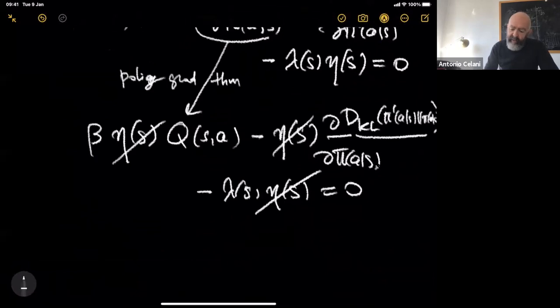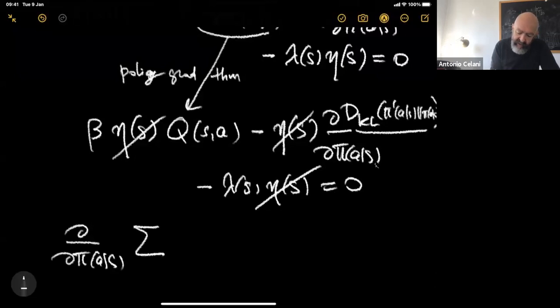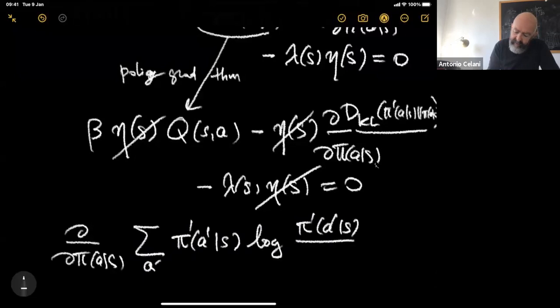Now, last step, I have to take the derivative of the Kullback-Leibler divergence. So let's write the Kullback-Leibler divergence explicitly. So what is it? It's the sum over all possible actions a prime of pi prime a prime s logarithm of pi prime a prime s divided by pi a prime s.